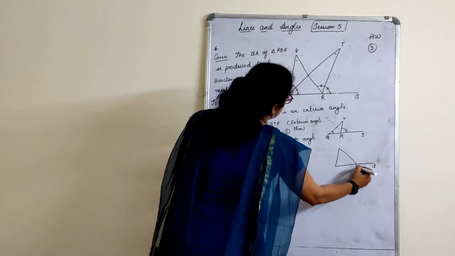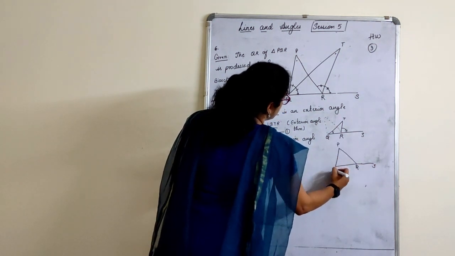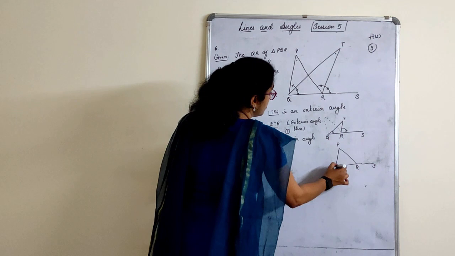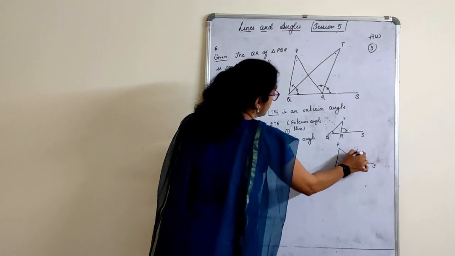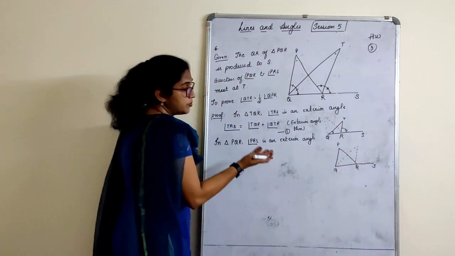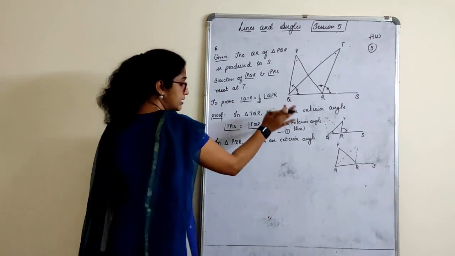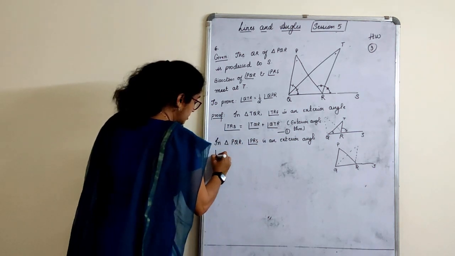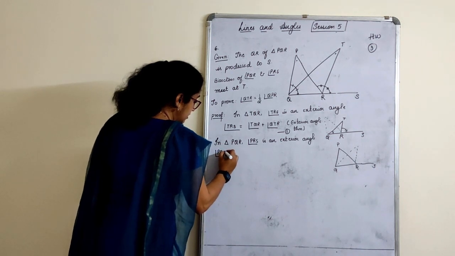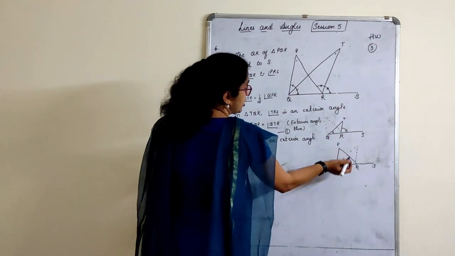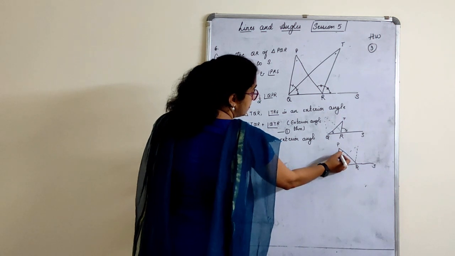This is S, this is R, this is P, this is Q. Let me draw the unknown part, what you had. This was the part which they had given, just to make you understand the figure. So this is an exterior angle with respect to this. Angle PRS is equal to which angle? Again, this angle plus this angle.